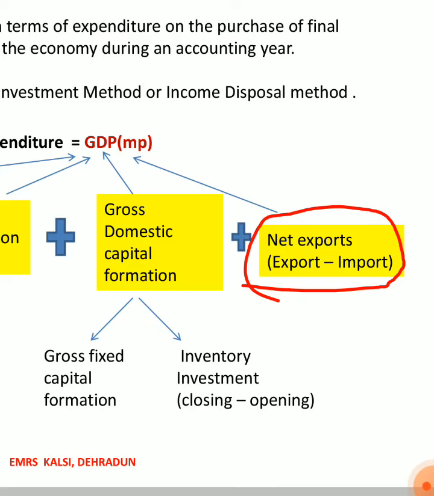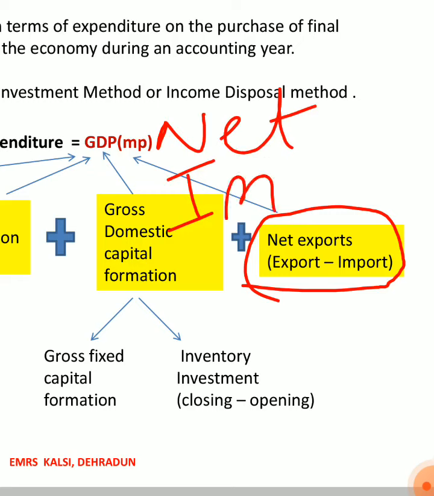Now one more thing here, there is a simple catch. If the word net imports is given, what will you do in that case? You just have to put a negative sign.